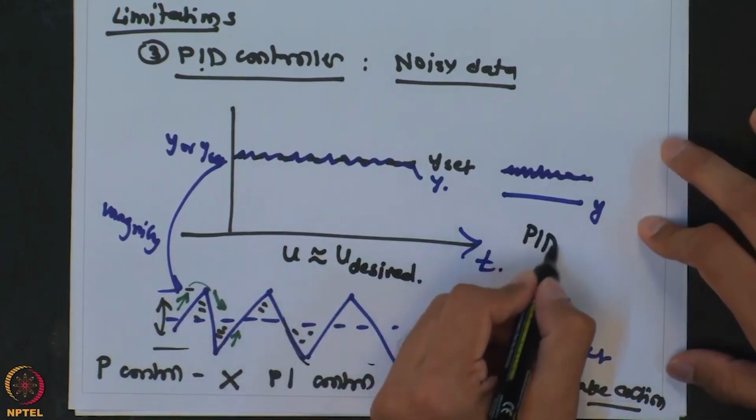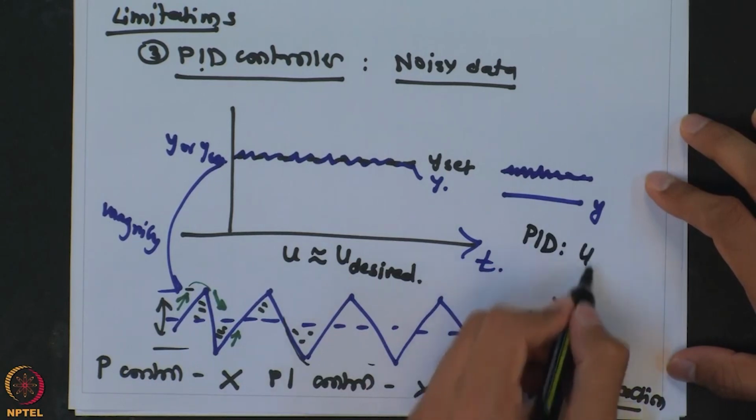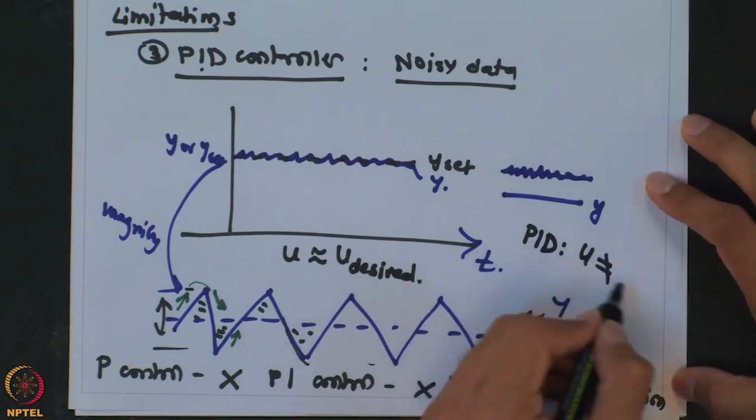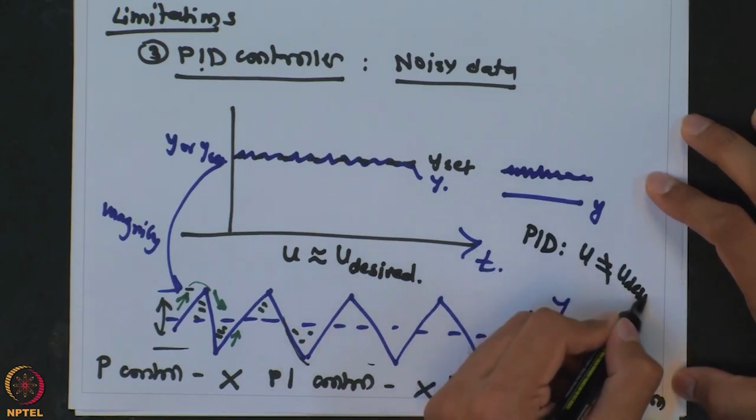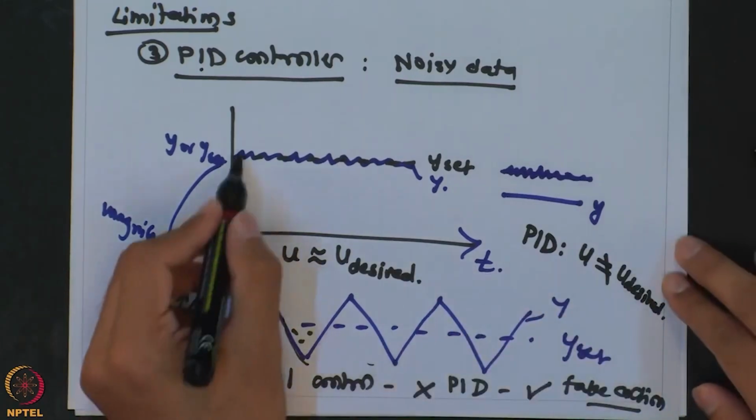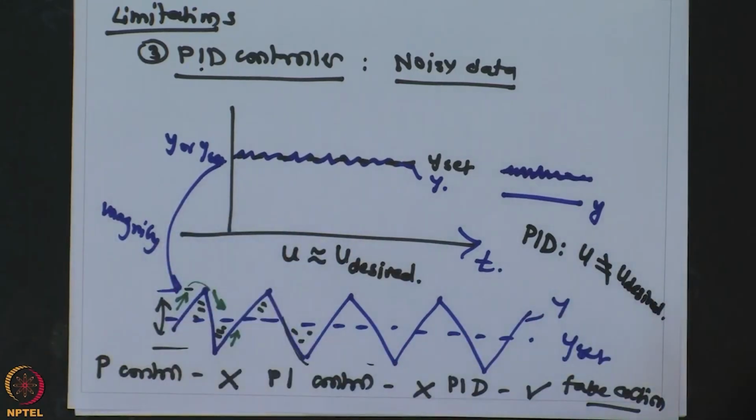So, the PID controller will cause you to move away from this desired value, and because of that the closed loop response may become unstable, or it will start oscillating at a much higher amplitude.